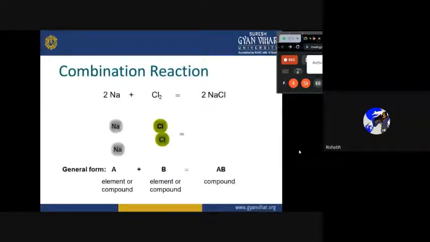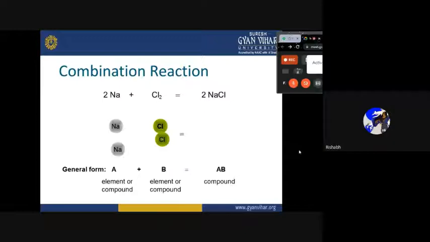So combination reaction, here in this example, 2 moles or 2 atoms of, either you can take it as a mole or you can take it as atom, that is your choice. So there are 2 atoms of sodium plus 1 molecule of chlorine, but 2 atoms of chlorine, right?